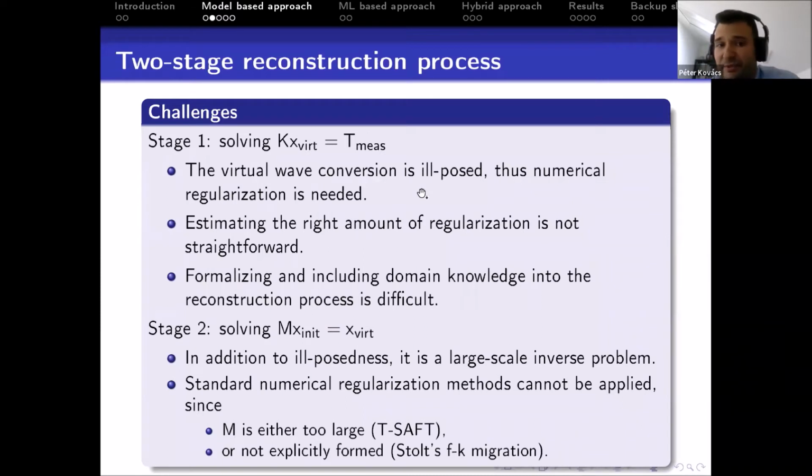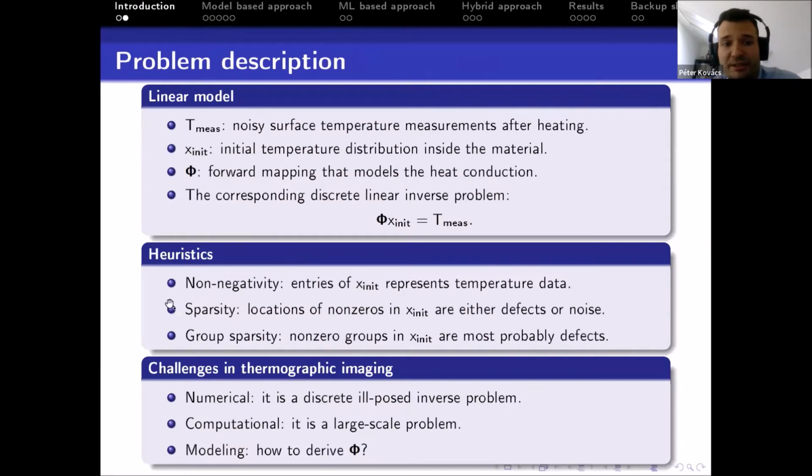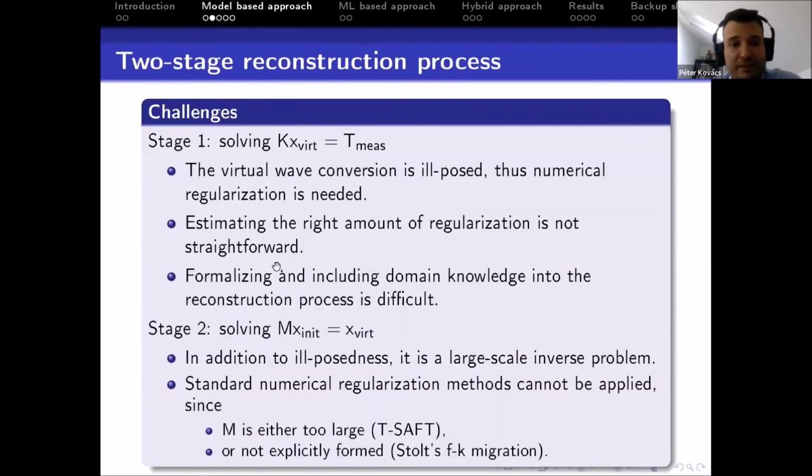Estimating the right amount of regularization is not straightforward, and also formalizing and including the heuristics that I showed you at the beginning is not easy, because we need to formalize these constraints and penalties mathematically. So these are the challenges in the first stage.